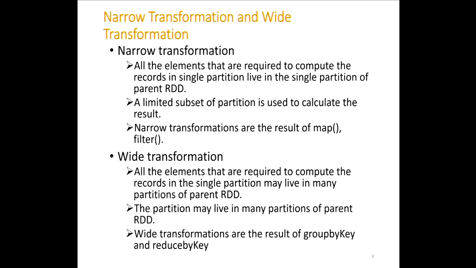In that sense, narrow transformation is much faster. When you have a wide transformation and you're dependent on others, you're waiting for the data to come from them, so it is slower. You need to measure at what level you need a wide transformation and at what level a narrow transformation. Any other question?